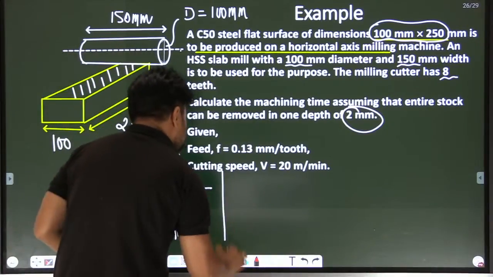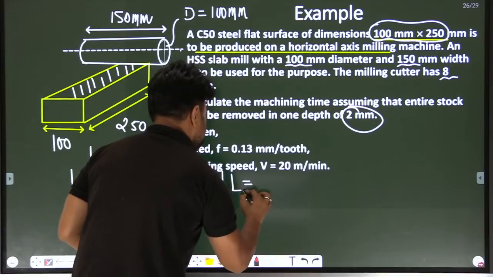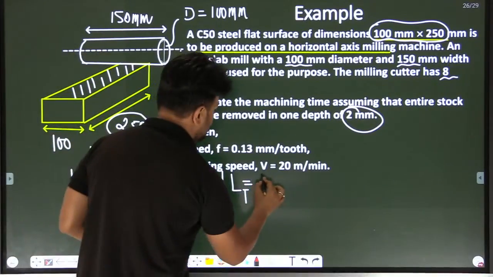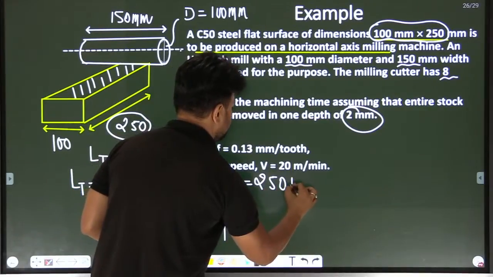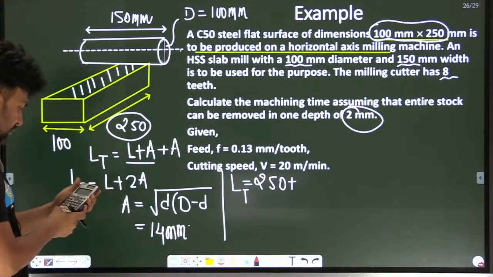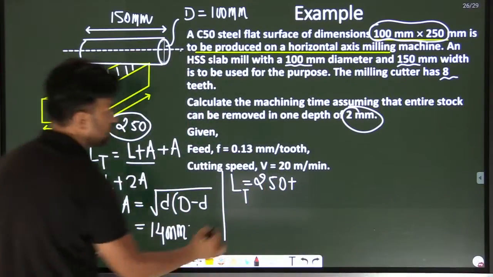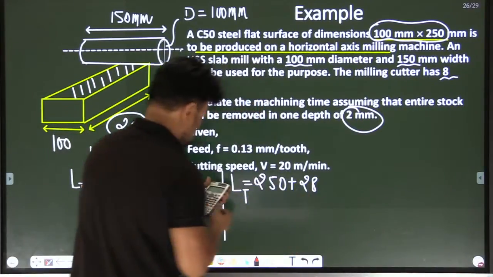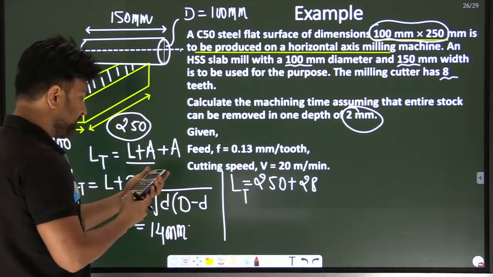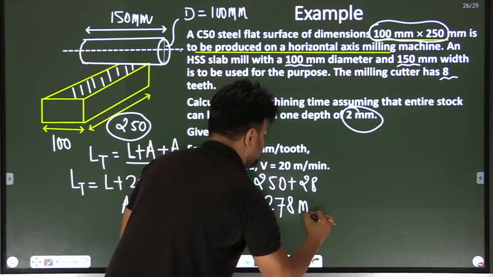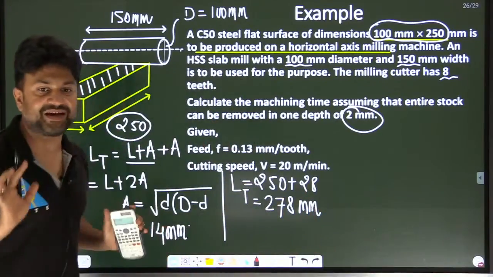The total machining length is 250 plus twice A, that is 28, because A is 14. So 250 plus 28 is 278 mm.